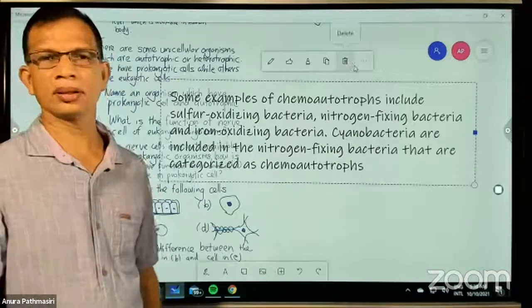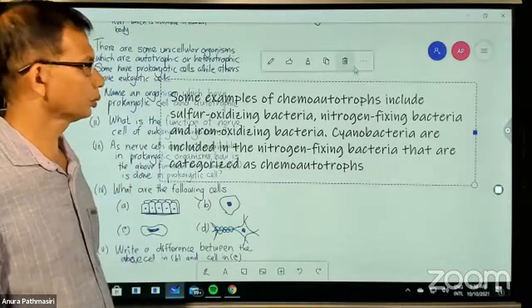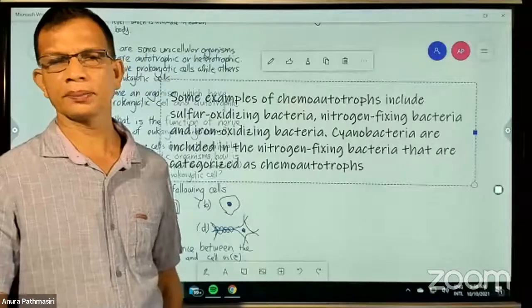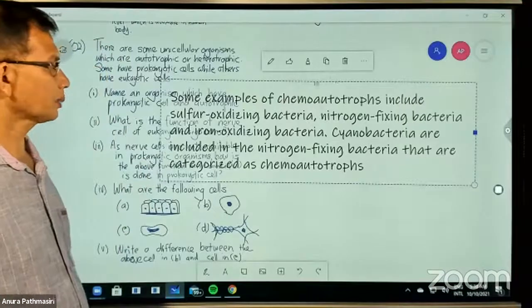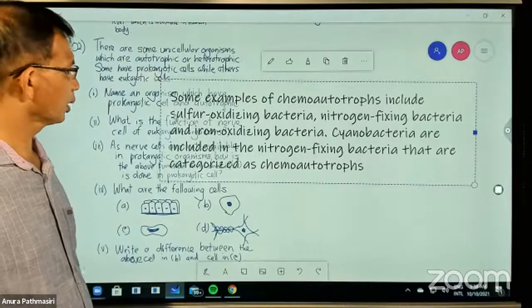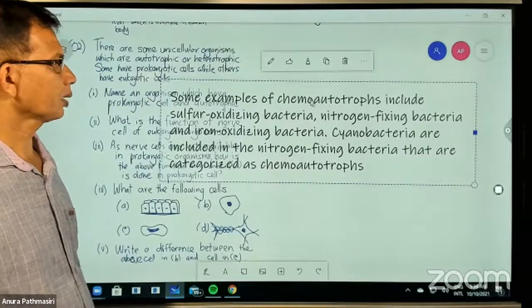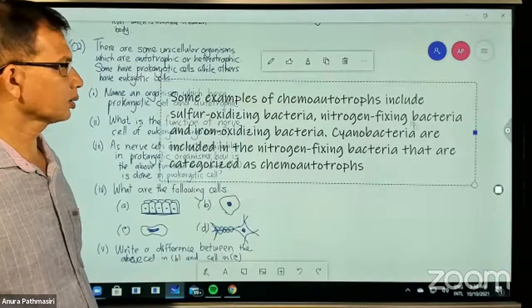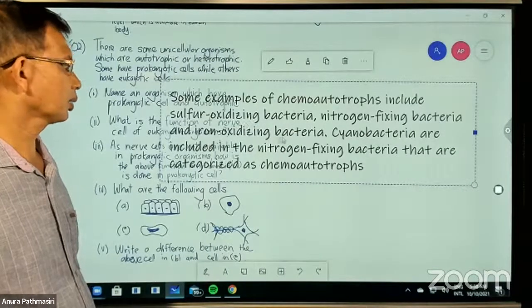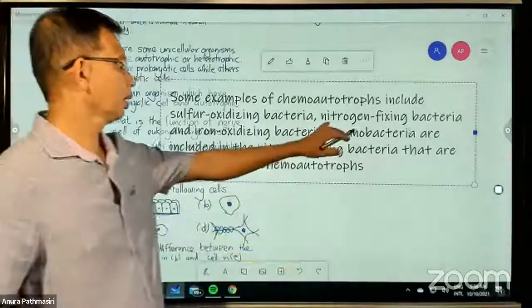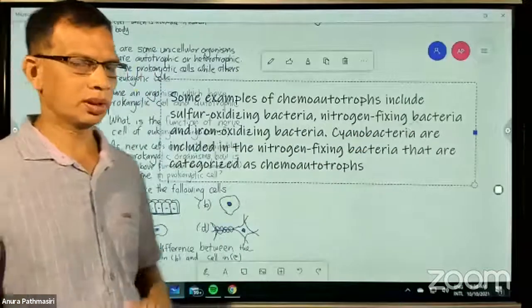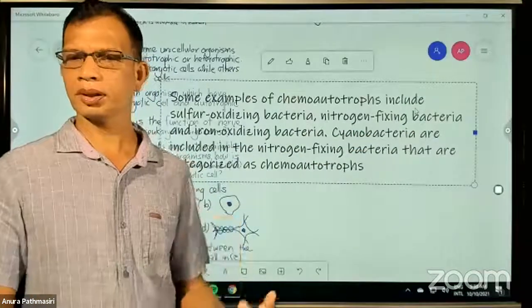It has chlorophyll to produce the food, but still it is prokaryotes. It has prokaryotic cells. You can write any of them: sulfur oxidizing bacteria, nitrogen fixing bacteria, and iron oxidizing bacteria. But nitrogen fixing bacteria is the one we are almost always referring to.